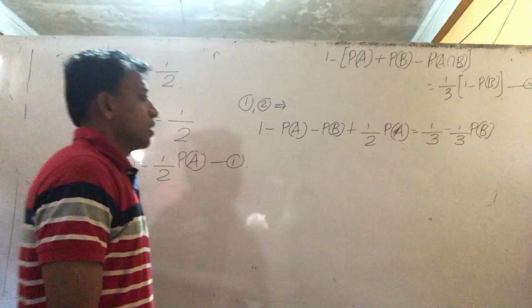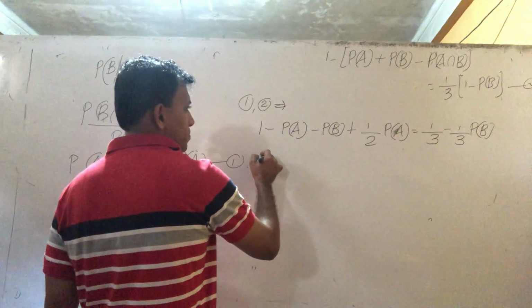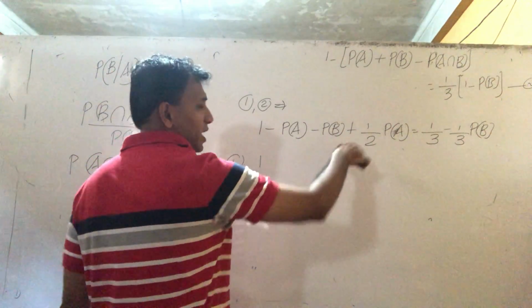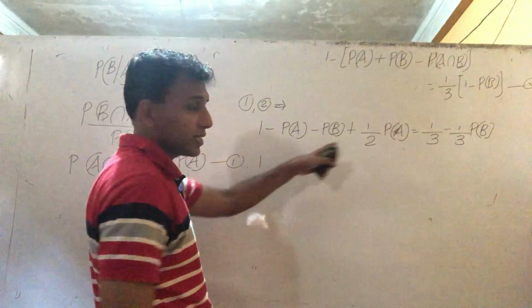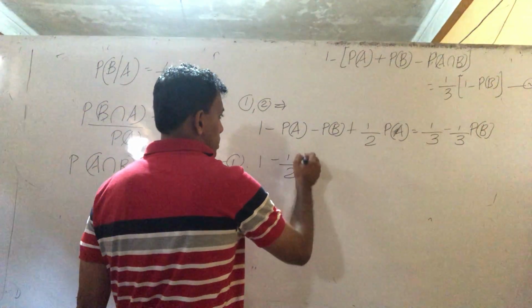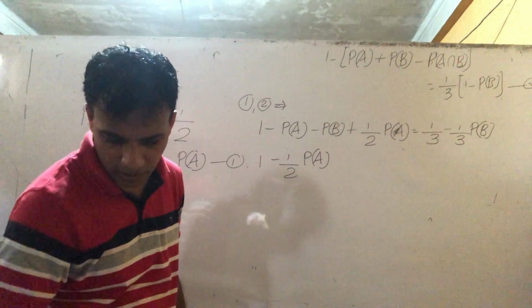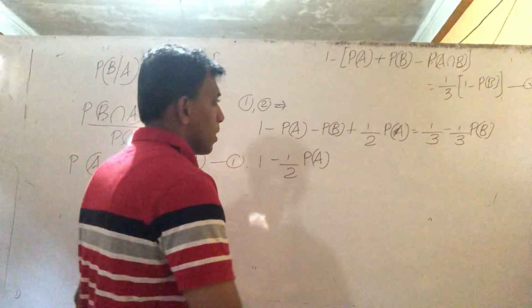Okay, now take all the numbers and see what happened here. How many A is 1? Minus PA plus half PA, minus A plus half A, minus A minus half PA.